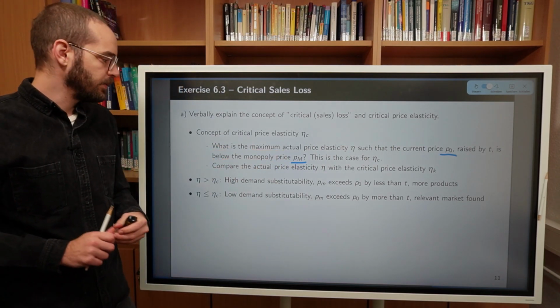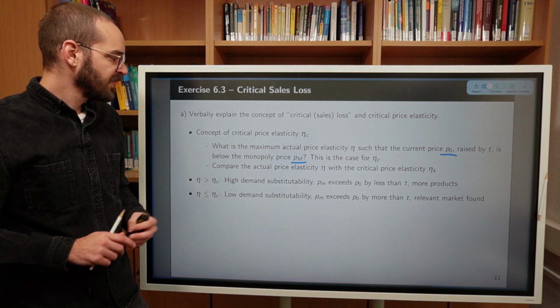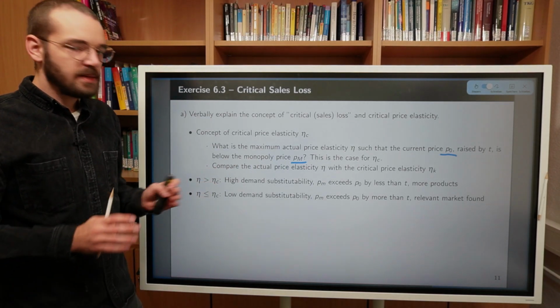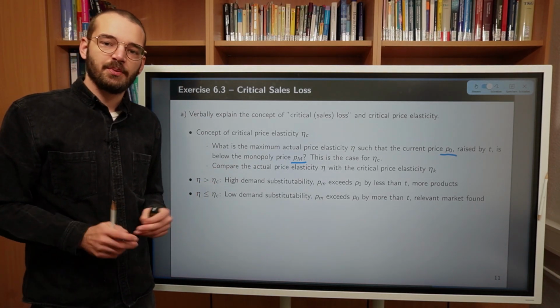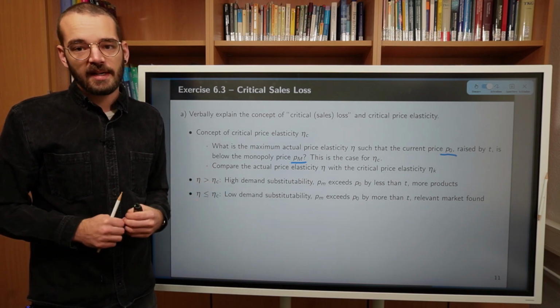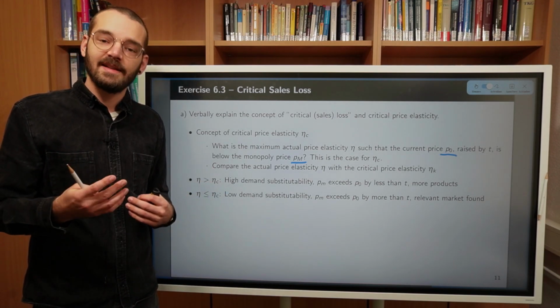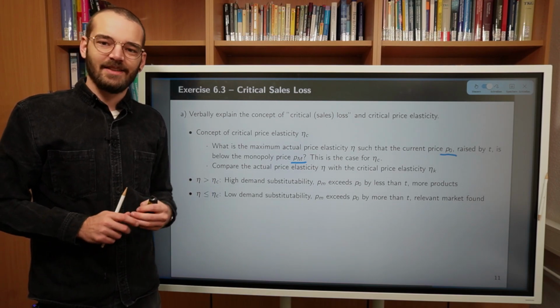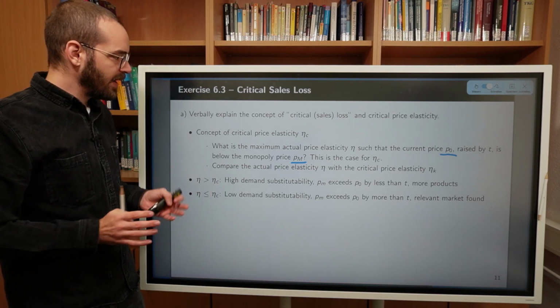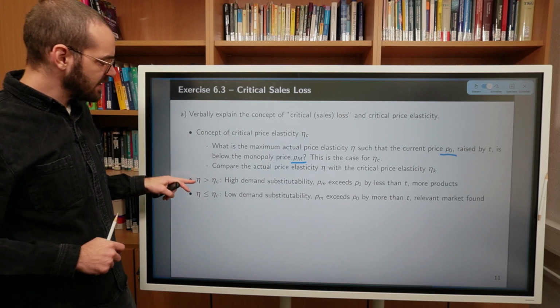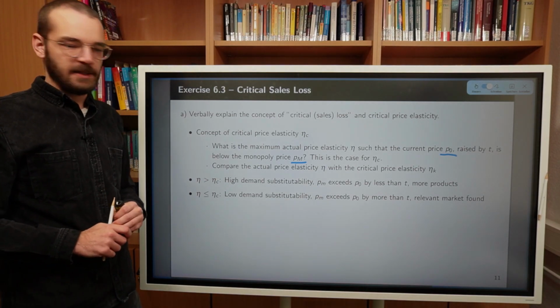Very similar to what we did on the previous slide. And then in the next step, similar to what we just discussed with the actual sales loss and the critical sales loss, we are comparing the actual elasticity with the critical elasticity.